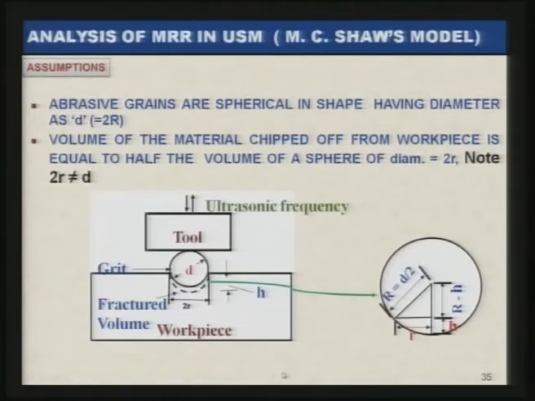The figure indicates clearly that capital R is equal to d by 2, where small d is the diameter of the abrasive grit, and at the bottom you can see small r is the radius of the hemisphere of the fractured volume of the material. Then h is the penetration to which the abrasive particle is penetrating inside the workpiece surface, and capital R minus h is the rest of the arm of this figure shown over here. It will be utilized for the calculation in the following slide.